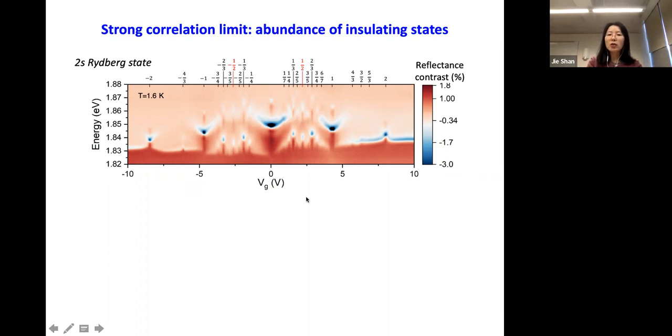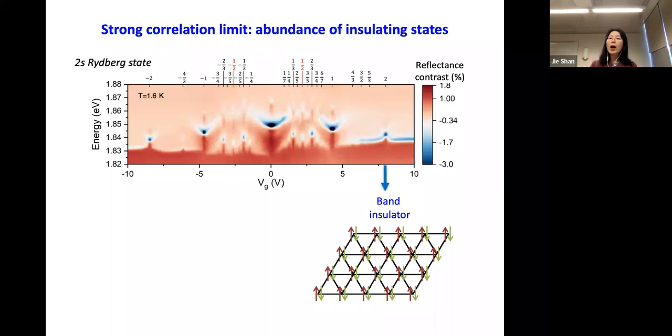I also convert the voltage to filling factor. So 1 means 1 electron per moire unit cell, and 2 means 2 electrons per moire unit cell. At 2 particles per moire unit cell, it's obvious why it's an insulator: I completely fill 1 band, and this is a band insulator.